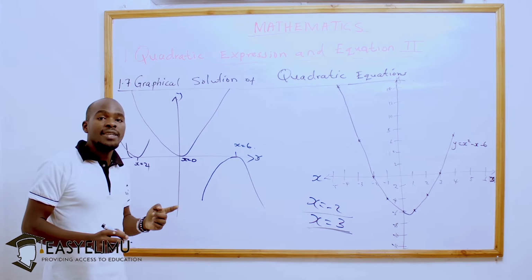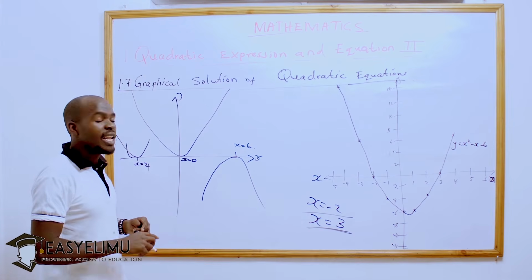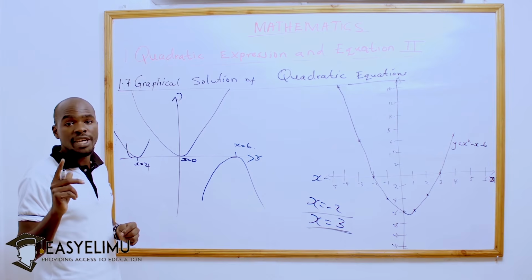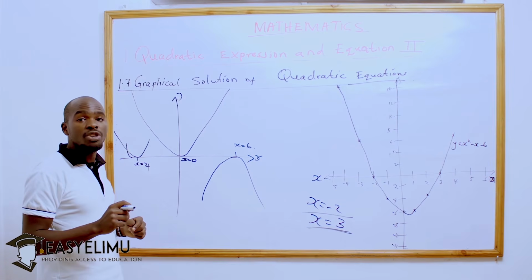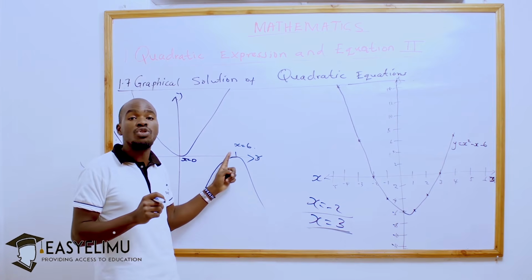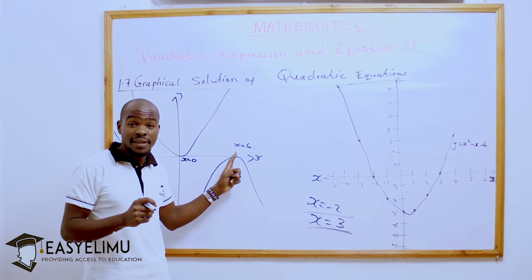If it touches the x-axis only once, then it has a repeated root. And that repeated root's solution is equal to the point where it touches the x-axis.